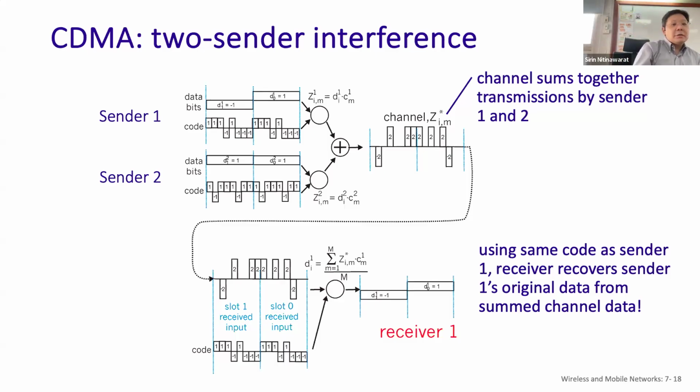So my question is, does this always work no matter what pair of codes or chip sequences I pick for both senders? I would urge you to try this out.